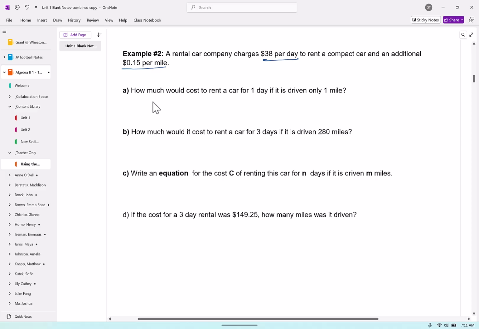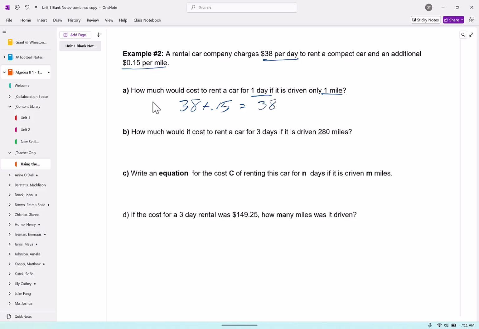How much would it cost to rent a car for 1 day if it is driven 1 mile? Simply, if it's 1 day, that's going to be 38. And then 1 mile is going to be plus 15 cents, which gives me $38.15 for 1 mile that 1 day. But now I have 3 days and 280 miles.